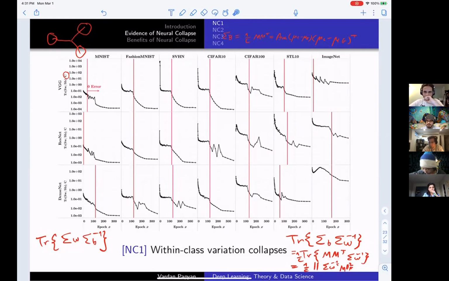What is a better measure of performance for networks when training error gets to 0 or decay of trace SW over SB? So it's actually neither of those, because in a network, what we know is that a network is so over parameterized that you can get 0 training error, right? And the fact that you get to 0 training error does not indicate really that you're going to generalize well.